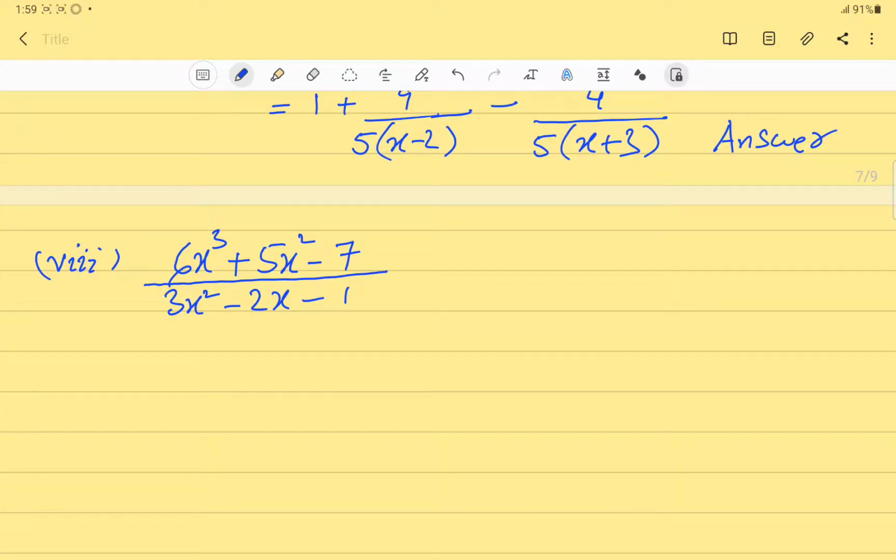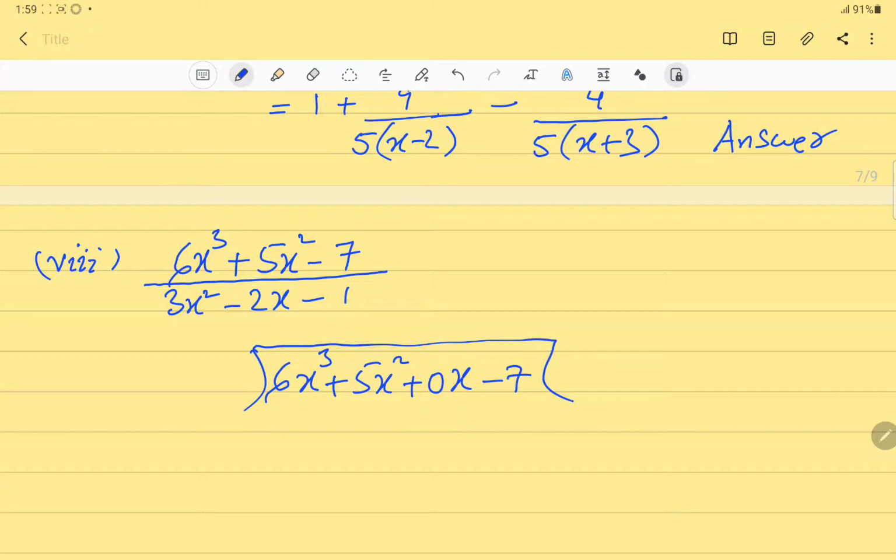So let's do that first. 6x cubed plus 5x squared, and since we don't have any x term we will write 0 for that, and then minus 7, and we will divide it by 3x squared minus 2x minus 1. So we have to multiply 3x squared with a number which will give us 6x cube or any other term near to this.